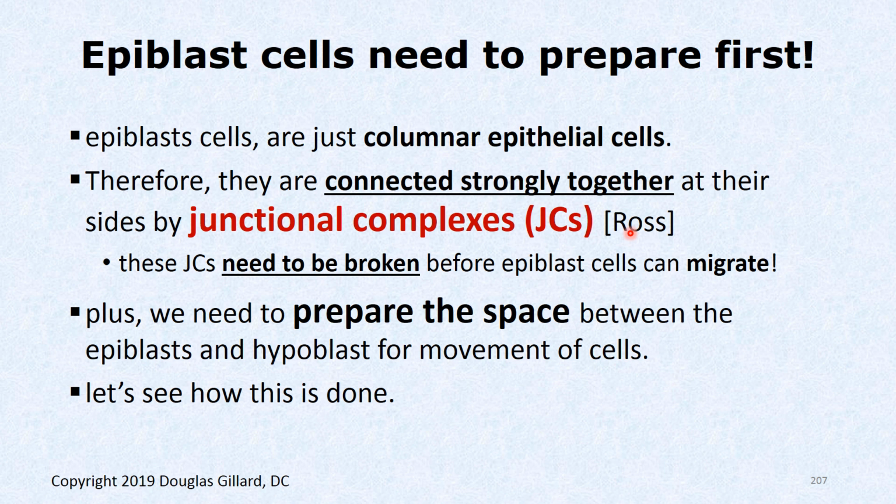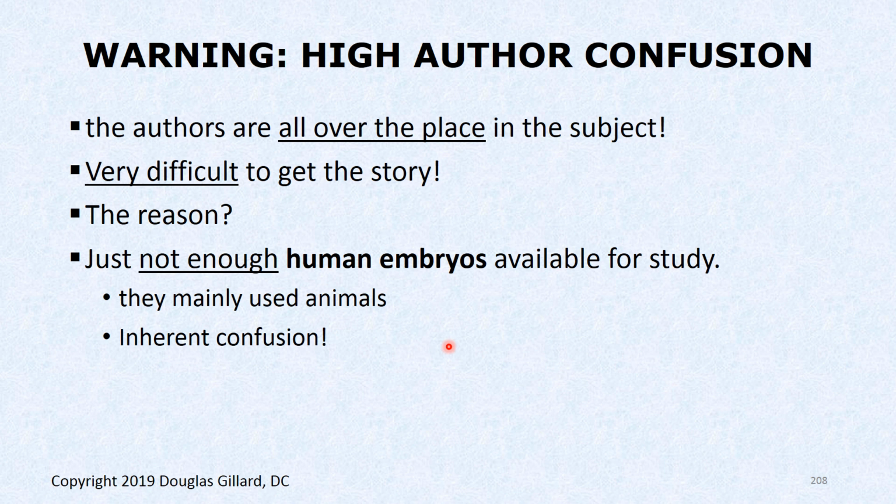And so before these epiblasts can go anywhere, you have to break the bonds. You have to break the junctional complexes, and then we have to prepare the space beneath the epiblast layer because it's dry down there. We need to make it slippery so these cells can squirt down in there. So that's what we got to do next.